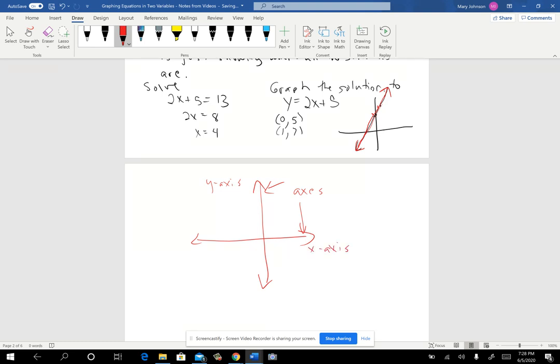All right, and if you were to put a scale on it and label these tick marks, positives go to the right, 1, 2, 3, 4, and on the left, 0, and then -1, -2, -3, -4. And then 1, 2, 3, 4 on up on the y-axis, and -1, -2, -3. The negatives go down. Okay, so you need to know that.